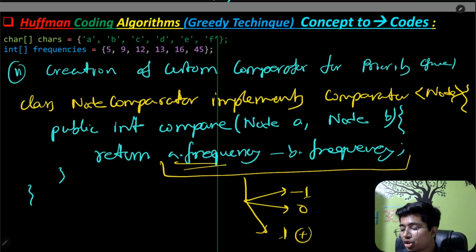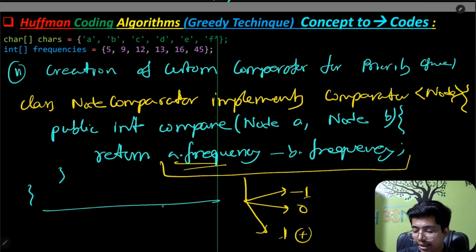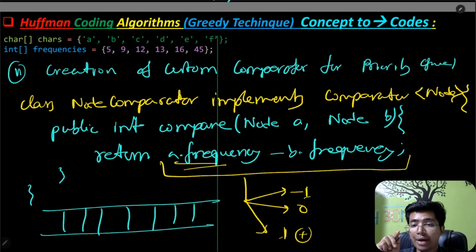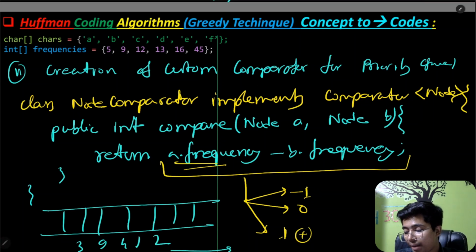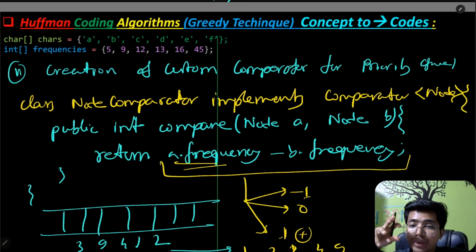So because of this custom comparator, whatever values are in this queue will become a true priority queue. That means the values will automatically get prioritized. If there are 3 9 4 1 2, it will automatically get prioritized like this: 1 2 3 4 9. So we have created that.